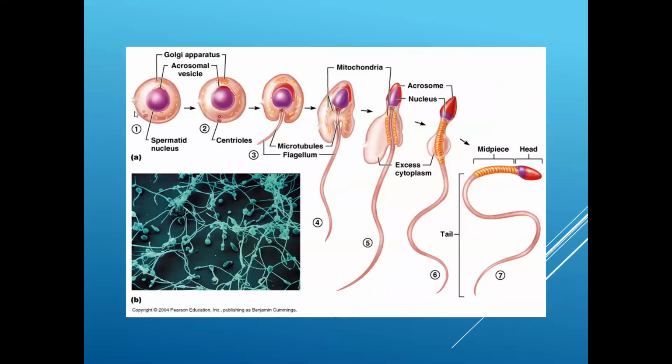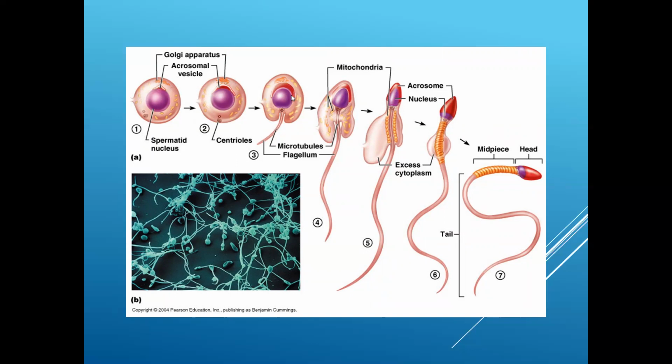So here's our spermatid, and what we're going to start doing is producing, with the Golgi, well, they're not going to make it, the ribosomes will, but we're going to make a whole bunch of hydrolytic enzymes. They're going to be carbohydrate enzymes, lipid enzymes that are going to break down the outside of the ovum so that fertilization can take place.